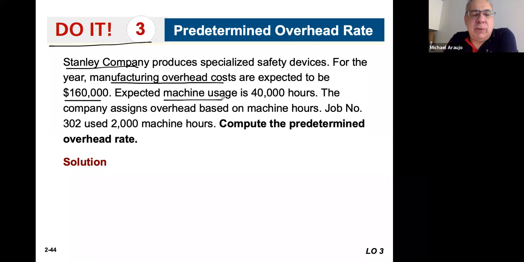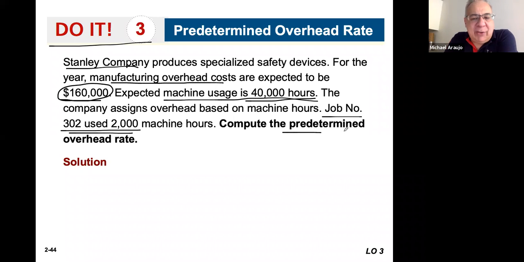So the machines that are being used to create the products will be used for 40,000 hours. And so this amount of money is going to be allocated based on machine hours rather than by percentage of direct labor costs. They have job number 302 listed here that used 2,000 of those machine hours.